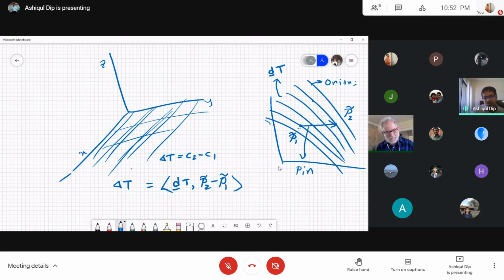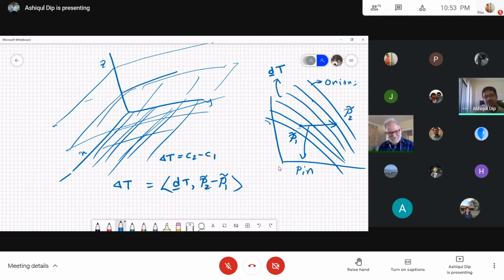So z equals 1, I can draw another one. Z equals 2, I can draw another one. So from the center, any point you go, say you go to this point and you have a coordinate x, y, z.